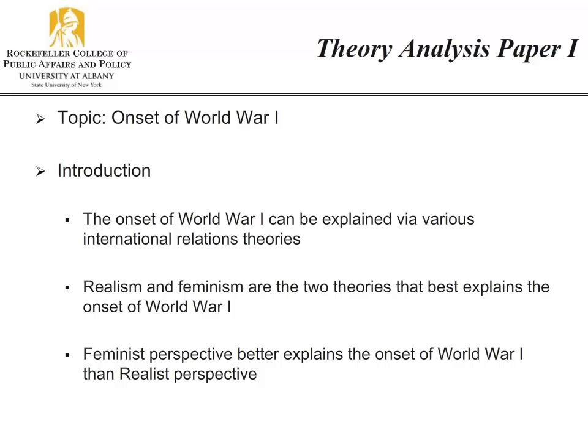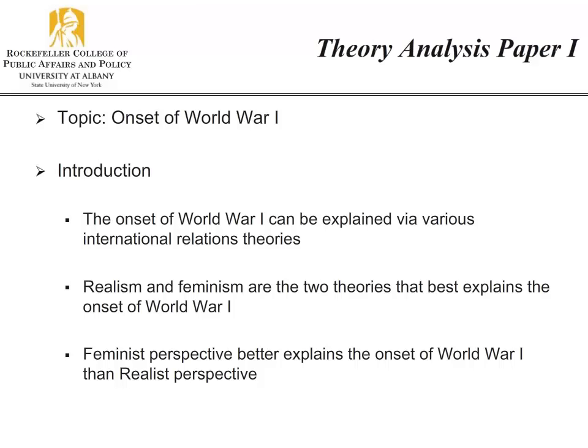Please note that in this introduction, I started broad and quickly focused in on the thesis statement. I started by saying there are several theories that can explain the onset of World War I, then I immediately narrowed it down to 2 theories. And then I directly stated which theory is better. And yes, this is exactly what we are expecting on your paper.